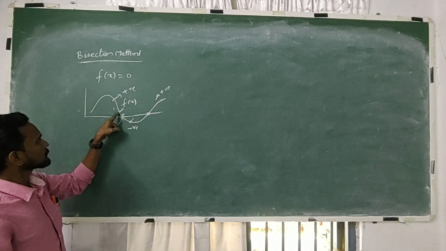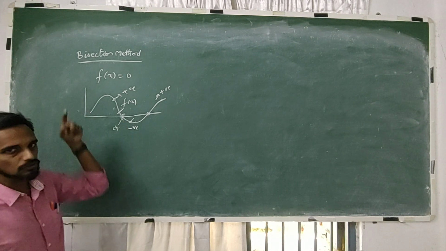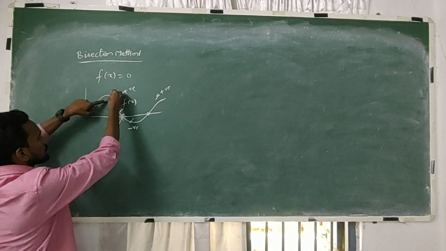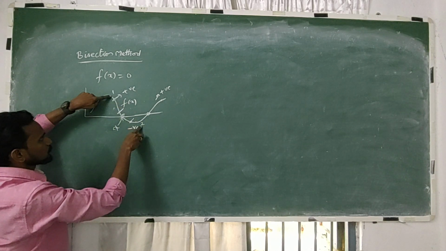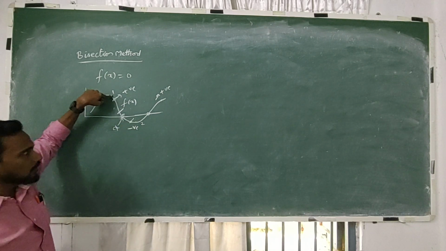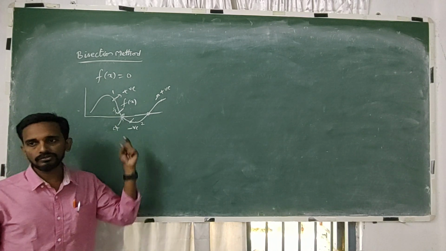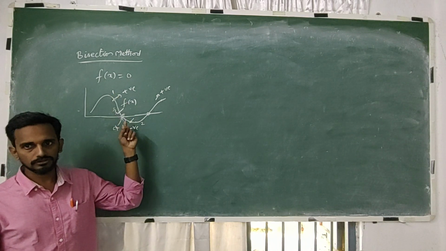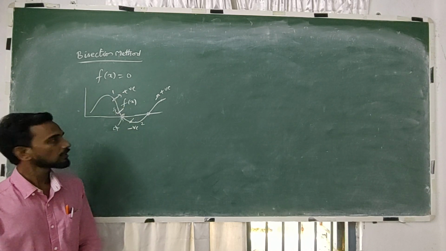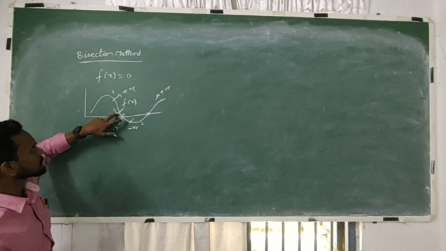Then you need to exclude one of the end points. Let's say these are the 2 points, 1 and 2. In between these two the solution exists. Now you identified the midpoint as the third point, and you need to exclude either point 1 or point 2, so you have to check the sign again.